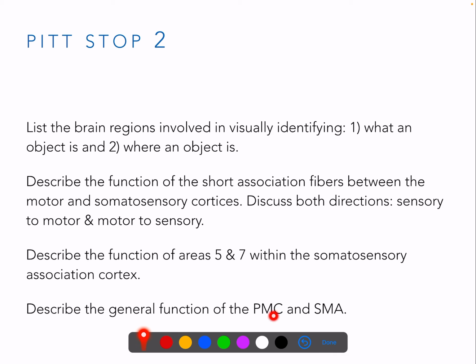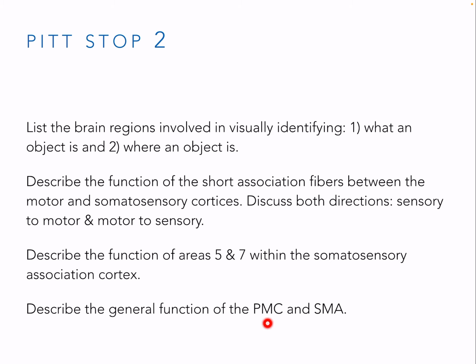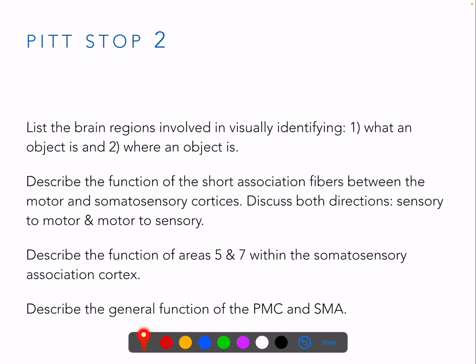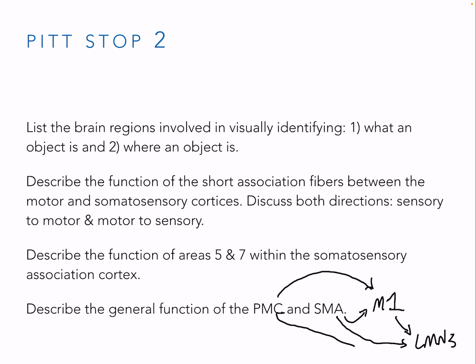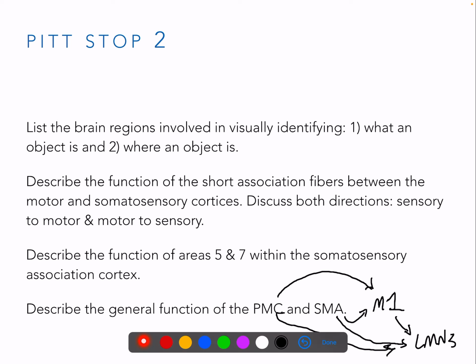And remember, premotor cortex, there we're thinking externally guided stuff, internally guided, more supplemental motor area. And both of these then influence our actions by projecting to the primary motor cortex, which then controls lower motor neurons. Yes, these also do it too, I know.